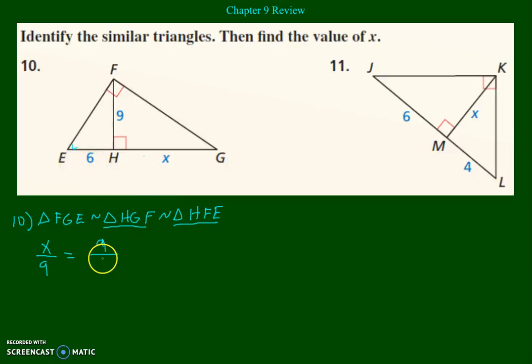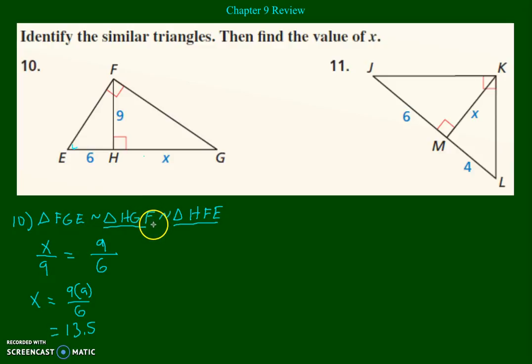So HE is 6. And now I just work this through. X equals 9 times 9 divided by 6, which is 13.5.